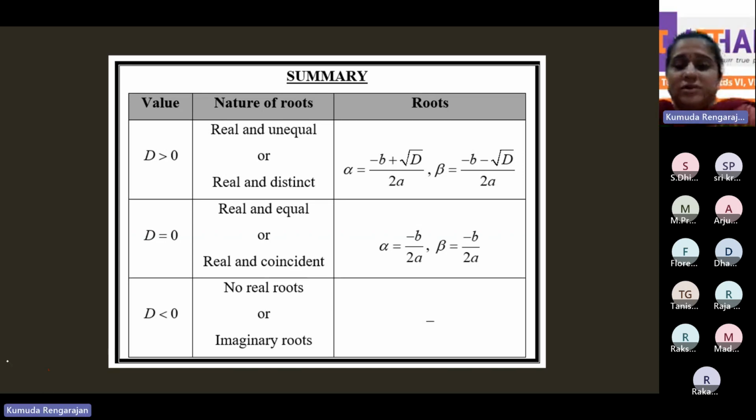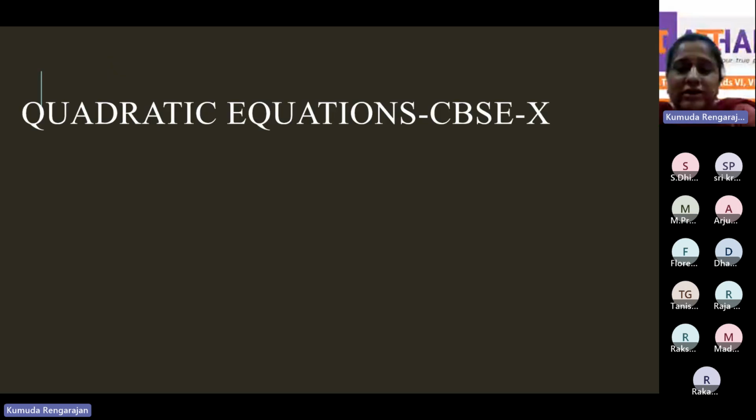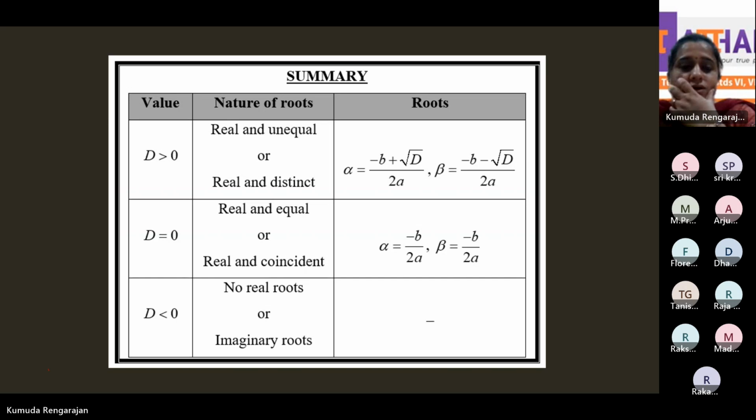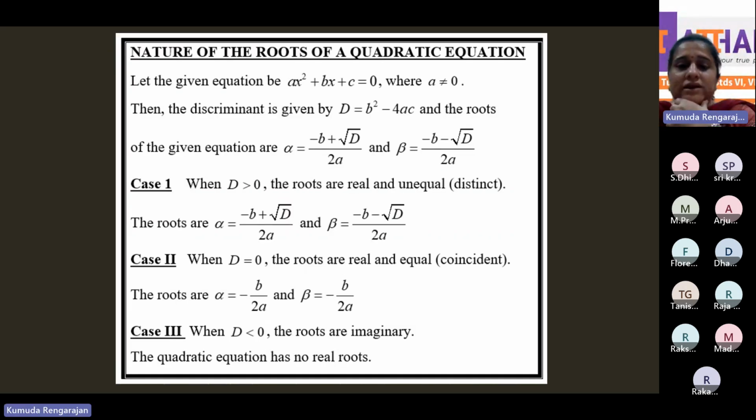So children, you remember we had started quadratic equations? We had one session on quadratic equations. Yes, ma'am. Just help me recollect, no? Where did we stop? Did we talk about the nature of the roots, the discriminant and all that?